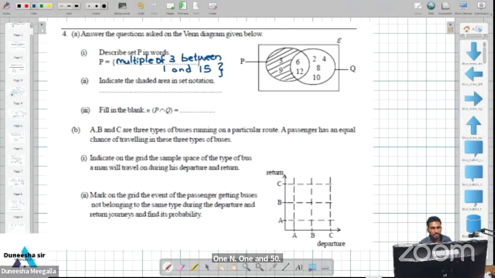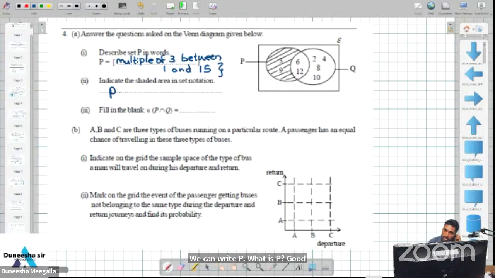What is the shaded area? How can we get it? We can write P. What is P?